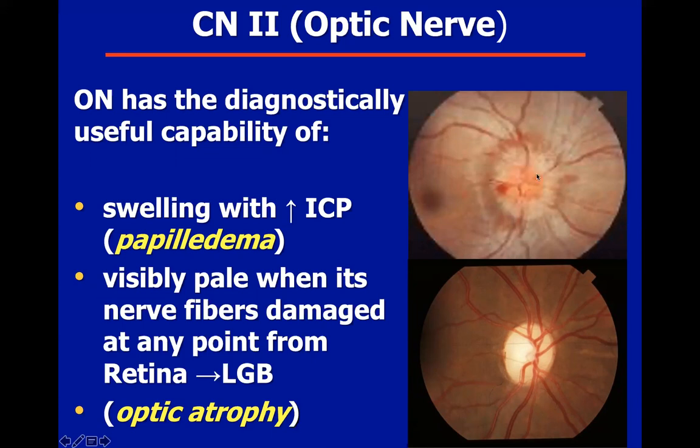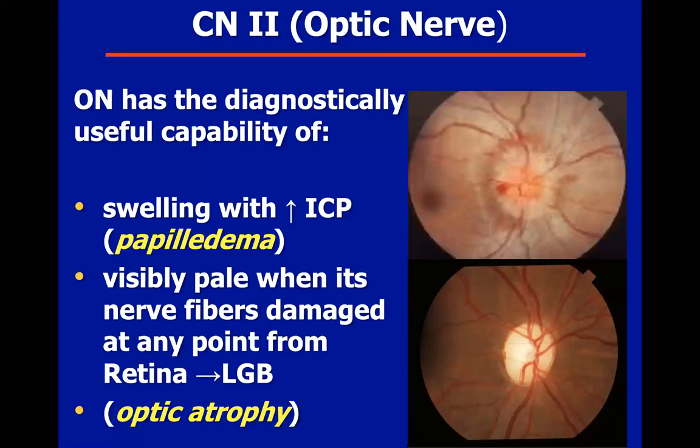They tend to disappear and then appear, disappear and then appear. This is what we refer to as papilloedema, and this is what we also refer to as increased intracranial pressure.